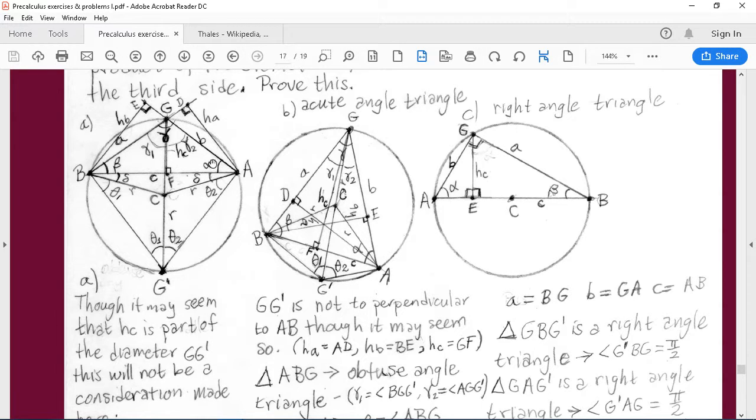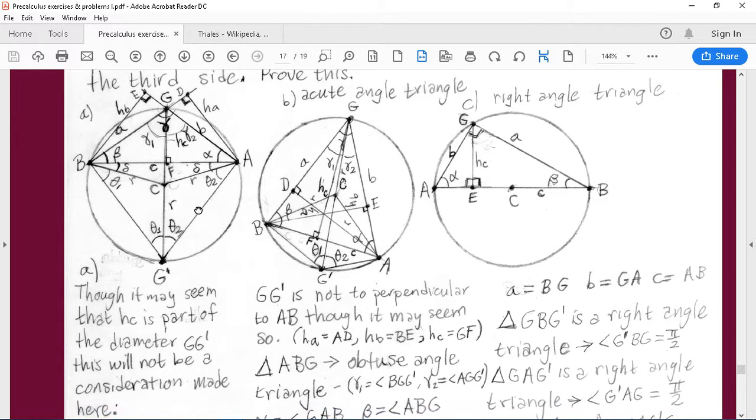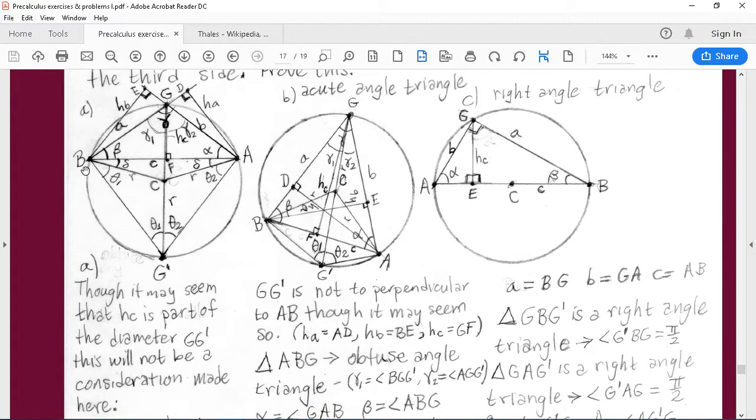So we have that sine of alpha equals HB over C, if we look at right angle triangle BEA, and is also equal to HC over B for right angle triangle AGF or AFG.